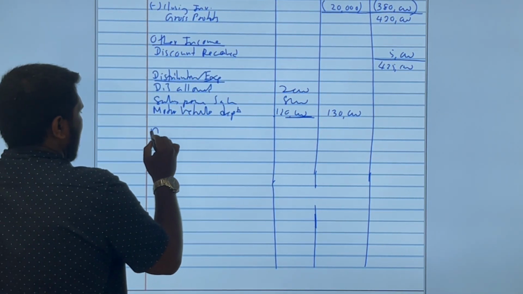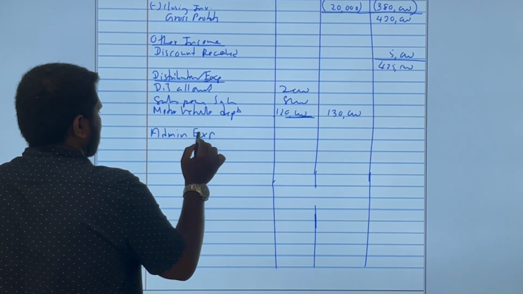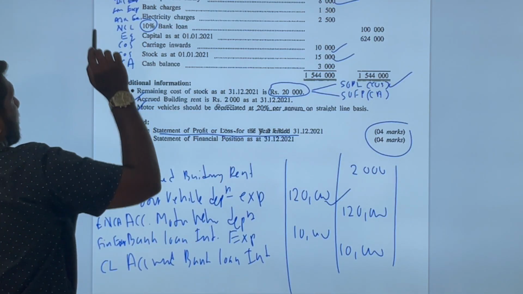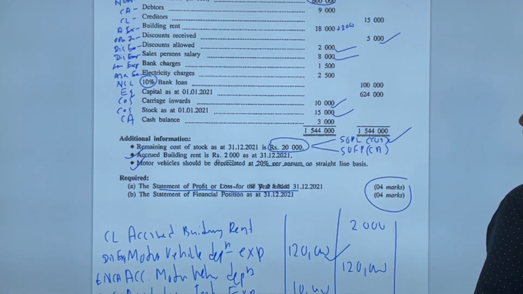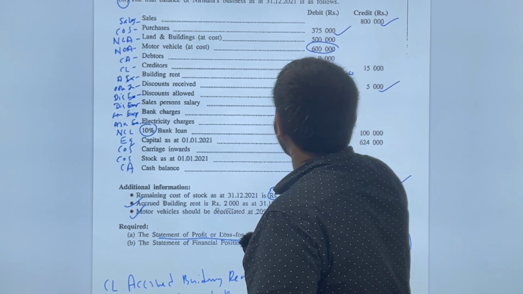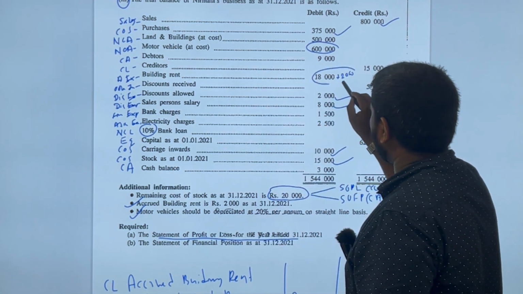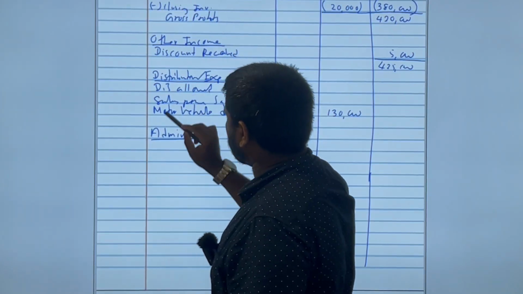Then let's take the admin expenses. So what are the admin expenses that we have? Let's check one by one. Building rent, you have to take the total value 20,000.